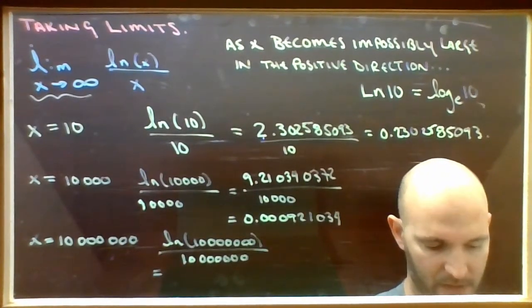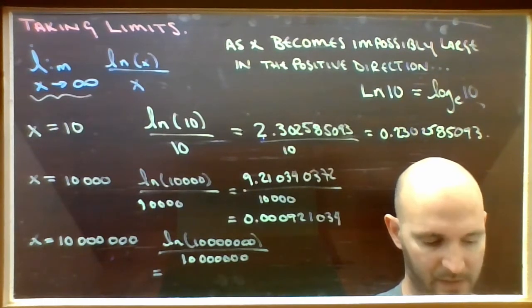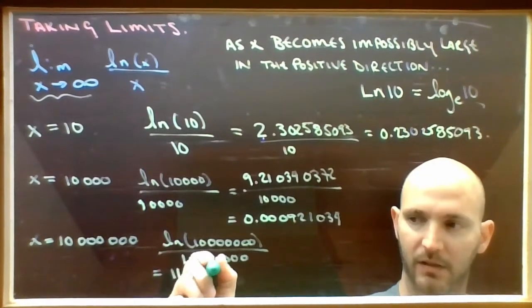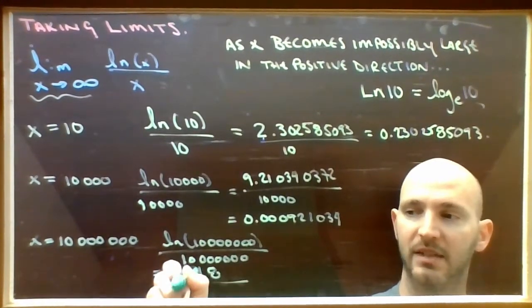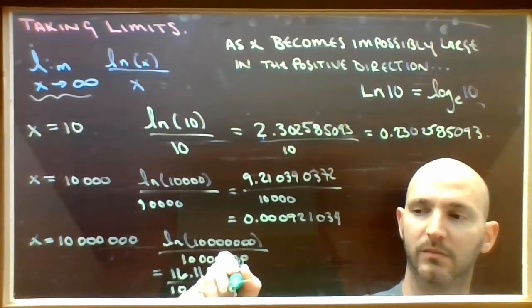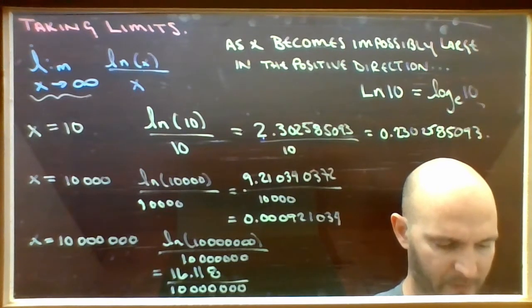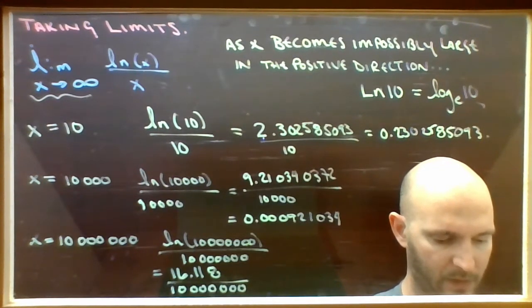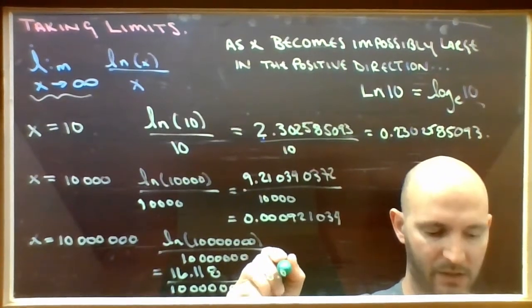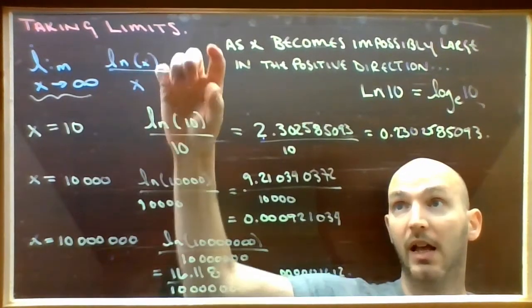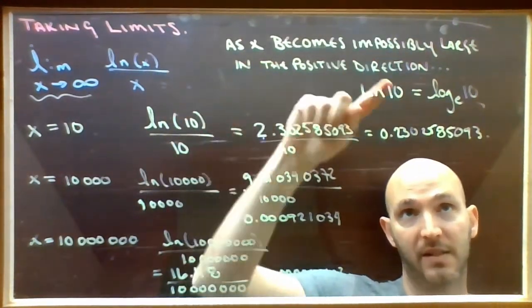So ln of 10 million is 16.118 something something something, divided by 10 million. And I get 0.00000161.